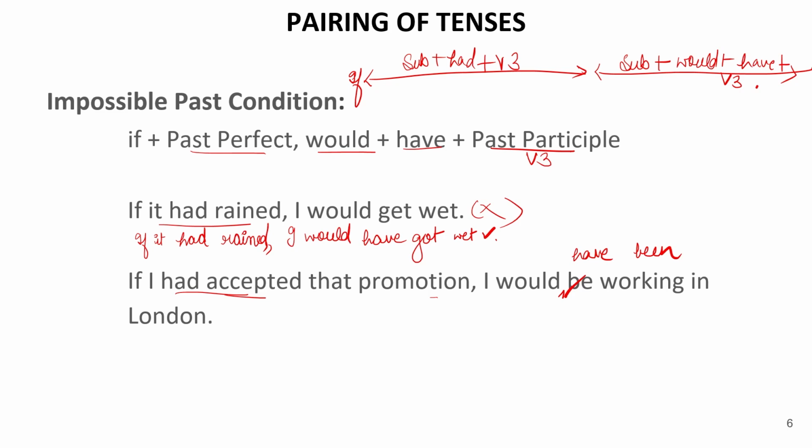This is type 2 condition. But if I had money, I would have given it to you. So this is an impossible past condition. Now nothing can happen. This is just an imagination.